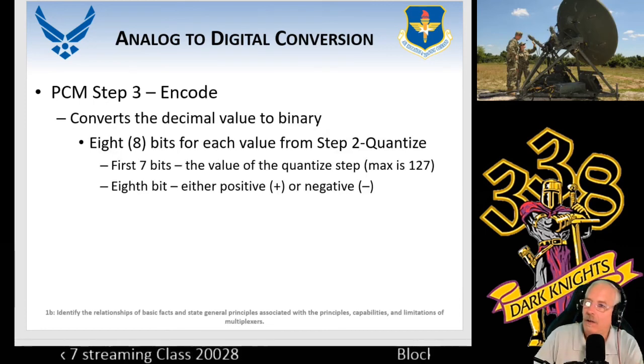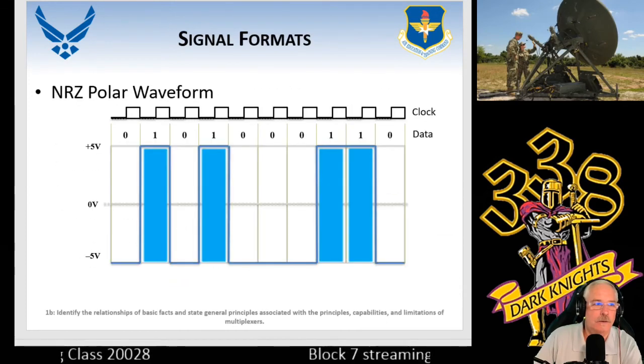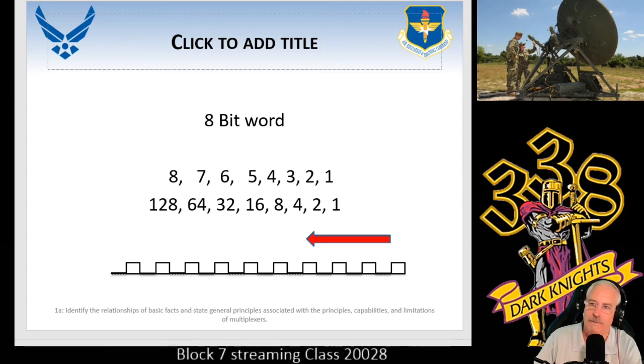When we finally apply all those numbers, we're going to make an 8-bit word. Now, let's go back to this 8-bit word. 1, 2, 4, 8, 16, 32, 64, 128. If you were to add these up, you do not get 256. You get up to 255. That's an error on our part.